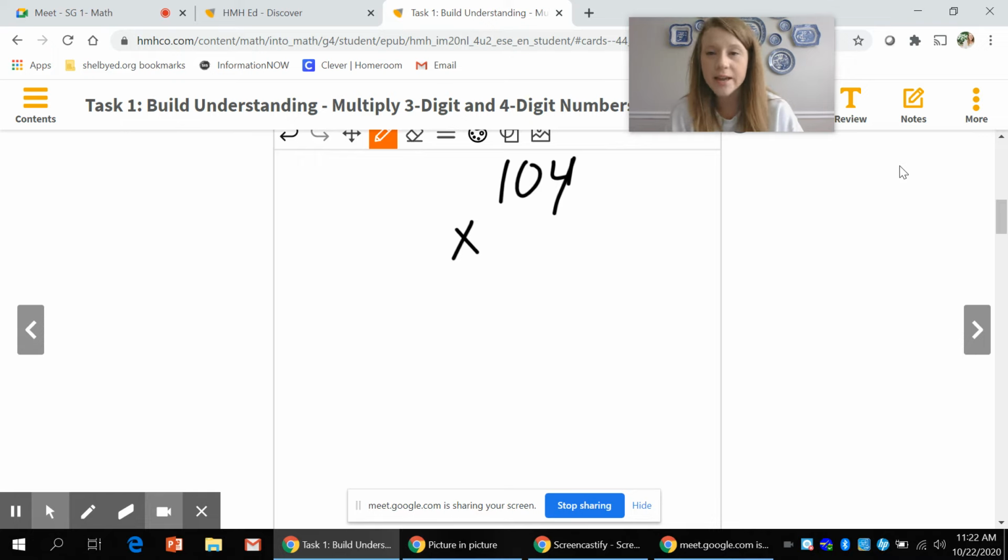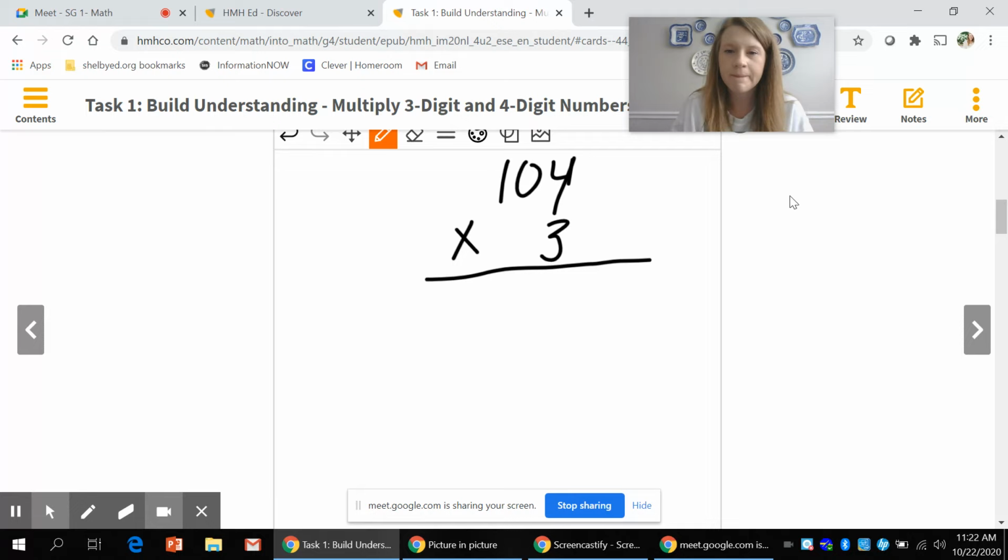If we had 30, that'd be 3 tens. If we had 300, that'd be 3 hundreds. Okay, we only have 3, so that's just 3 ones. So we're going to put the 3 under the ones place. So 104, here the 4's in the ones place, so the 3 is going to go right here. Stacked up by the place value, just like when you're stacking it up for addition and subtraction.